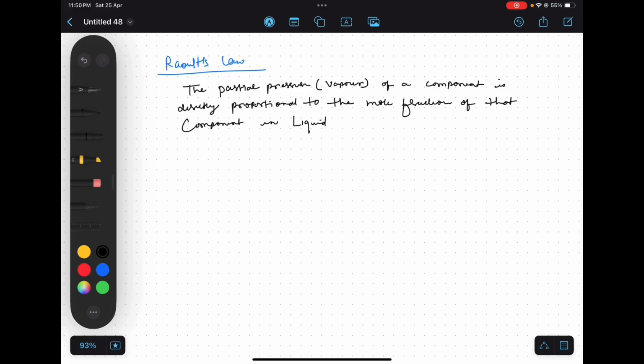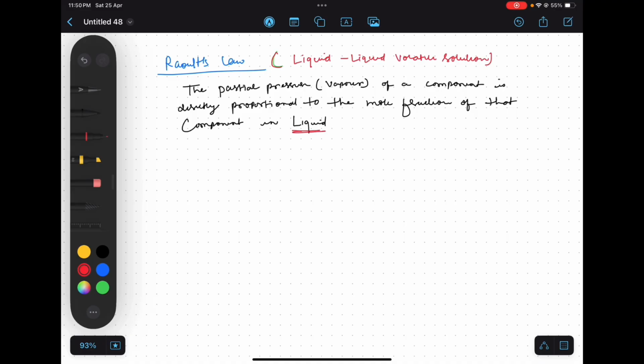So first of all, we have to remember that this law is for liquid solution, and both are liquid volatile solution.